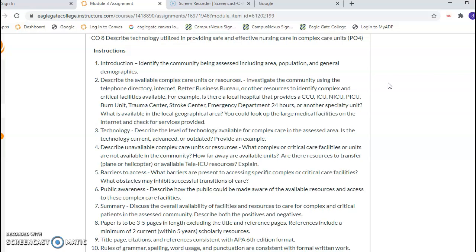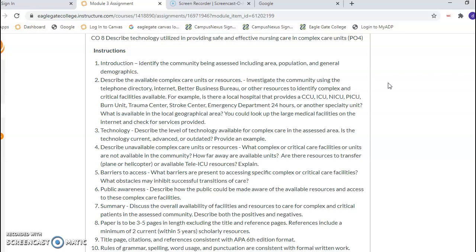So you're doing an assessment of your area, what is available in that area, whether it's a city or a geographical area, and you're going to write information about what's available. Most small towns even have at least an emergency department or something like that that someone could go to.